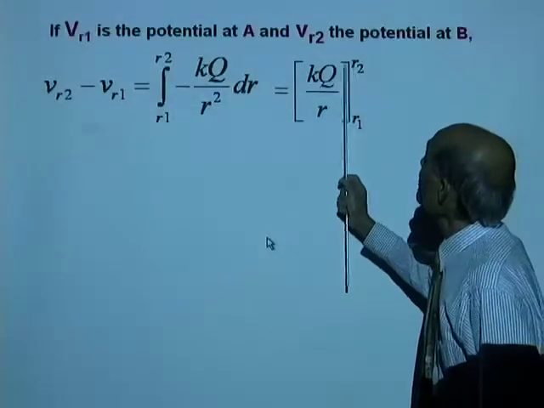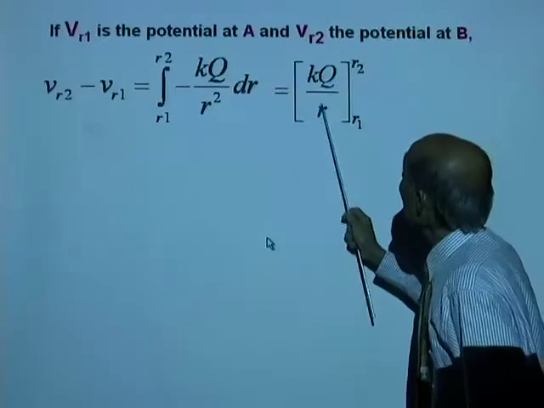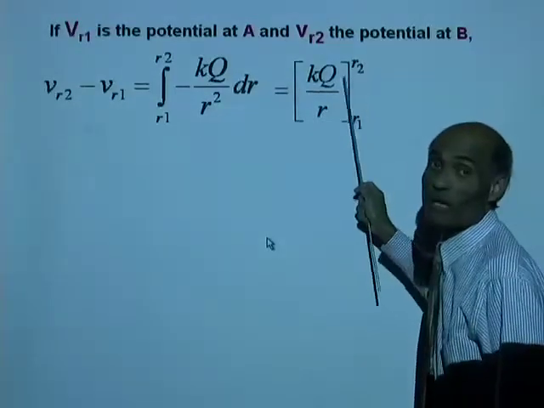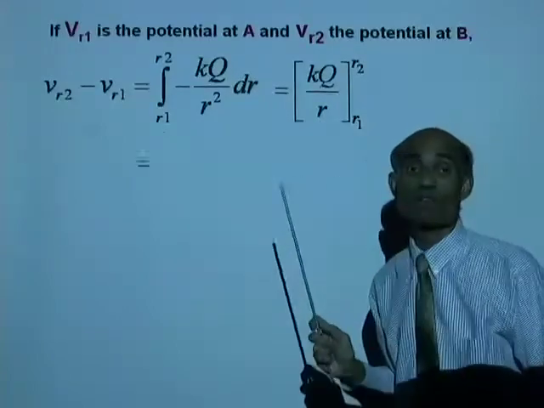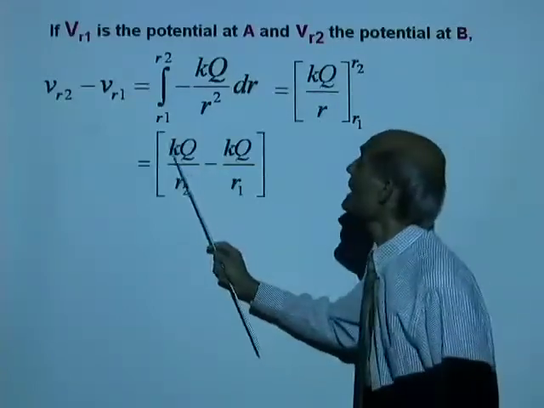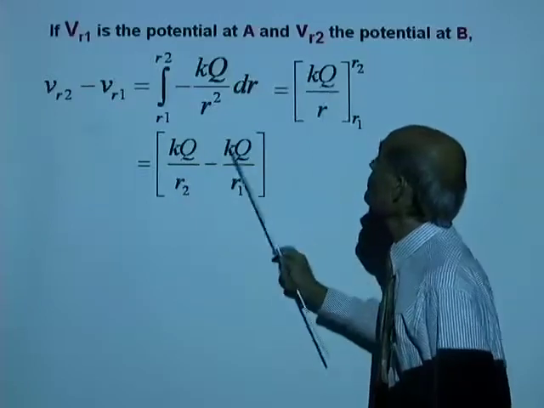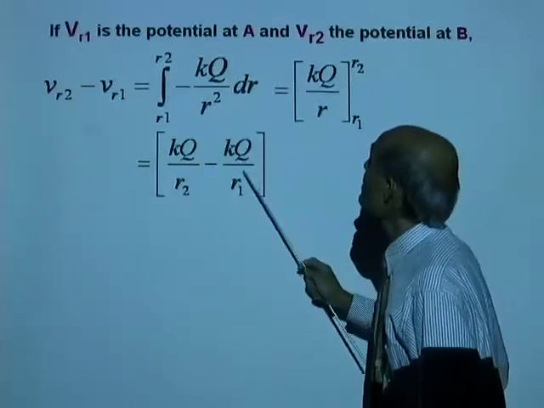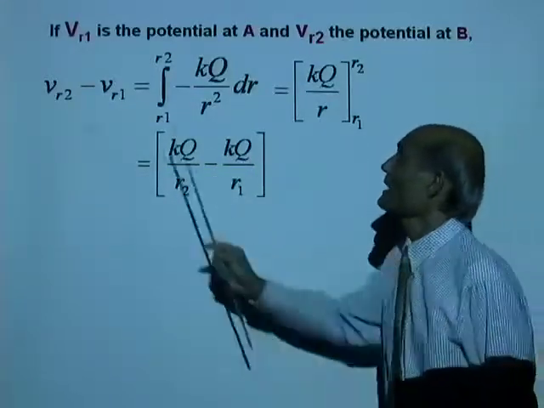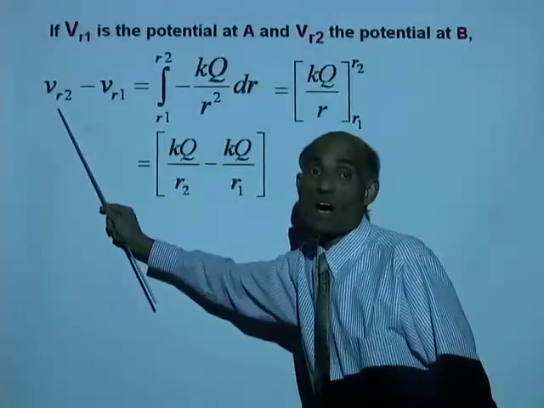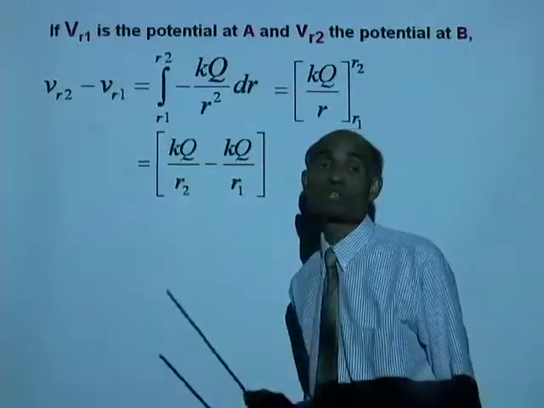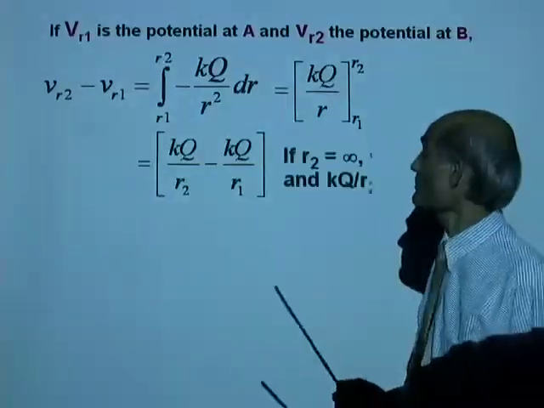Now we replace r by r2 for the upper limit minus replace r by r1 for the lower limit. So that will be kq over r2 minus kq over r1. And that is the potential at a distance r2 minus the potential at a distance r1.